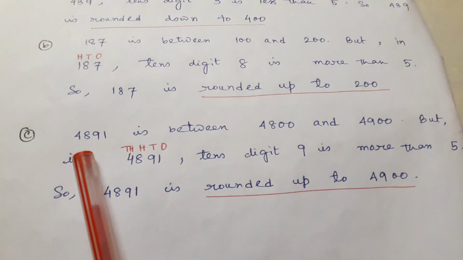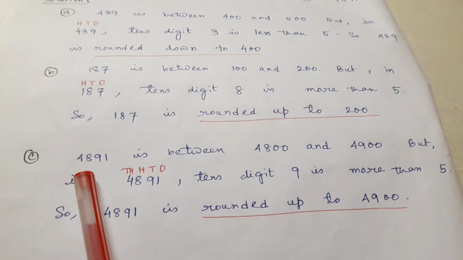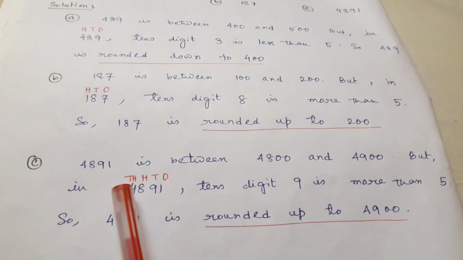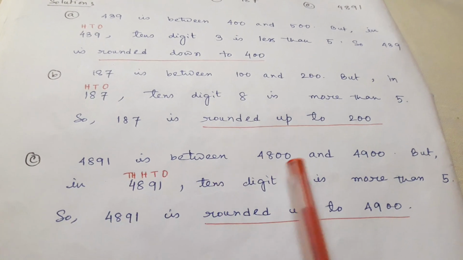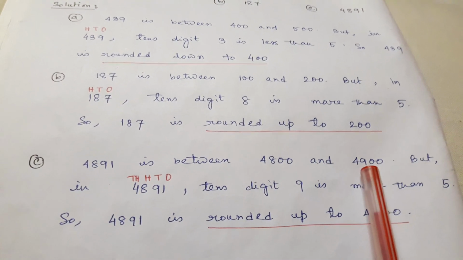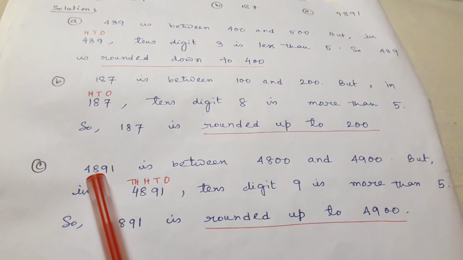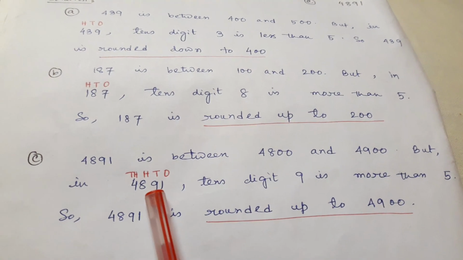Okay. Now the next example, 4891. Here we also have to round off this number to the nearest hundreds. Now its nearest hundreds multiples are 4800 and 4900. In 4891 the tens digit is 9.